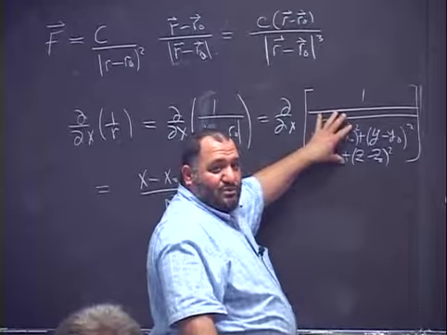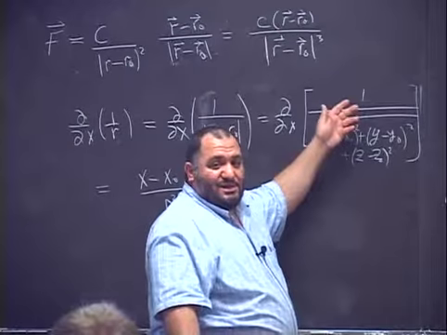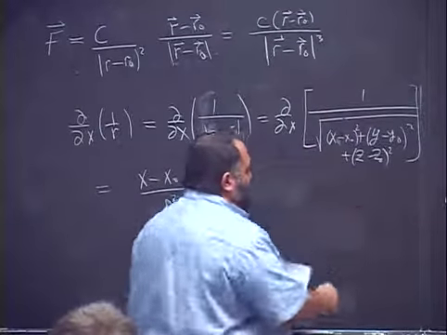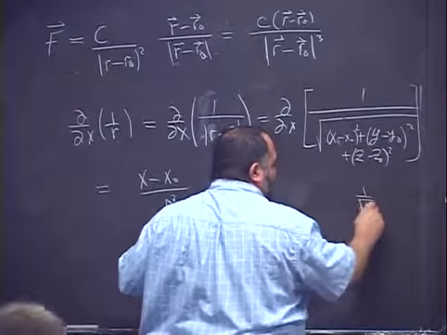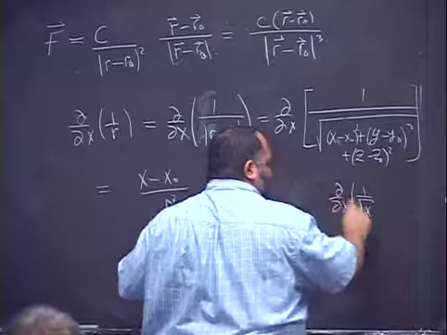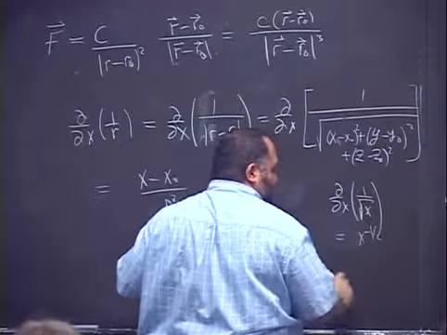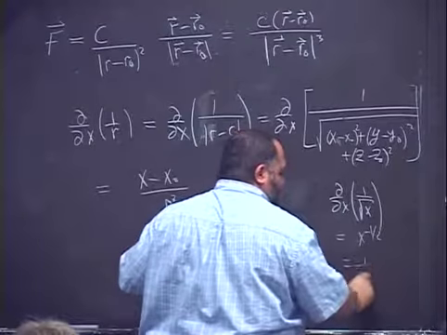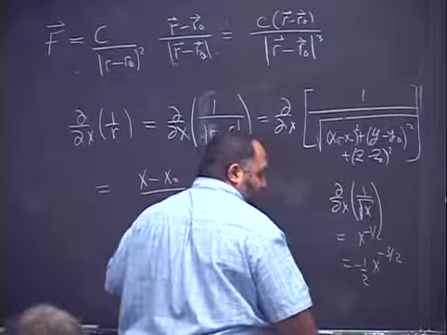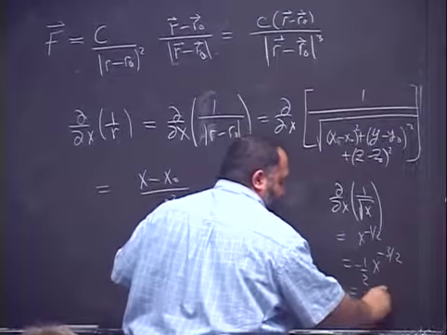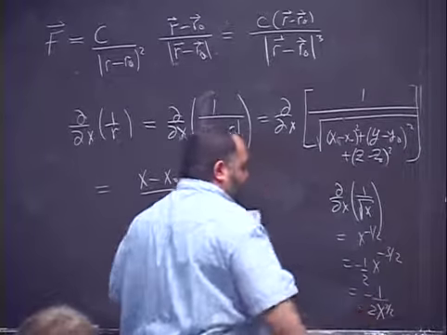You can bring the square root upstairs as a power of minus half. So you know that if you have 1 over the square root of x and you want to differentiate this with respect to x, this will be x to the power of minus 1/2. So this will be negative 1/2 x to the power of 3 over 2, and then multiplied by 2 here.